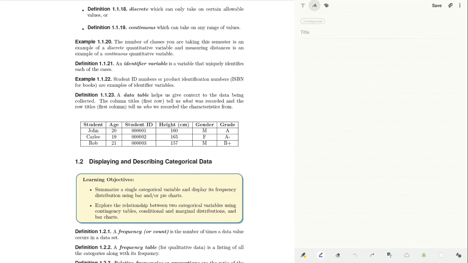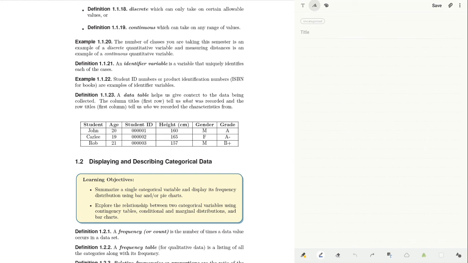An identifier variable is a variable that uniquely identifies each of the cases in a study. So some examples of identifier variables are student ID numbers or product identification numbers. We can use a data table to help us organize our data.